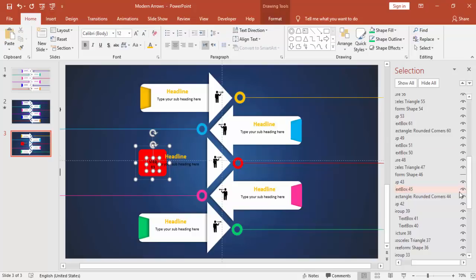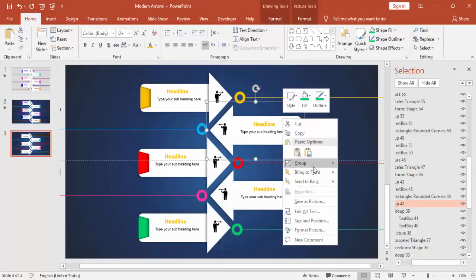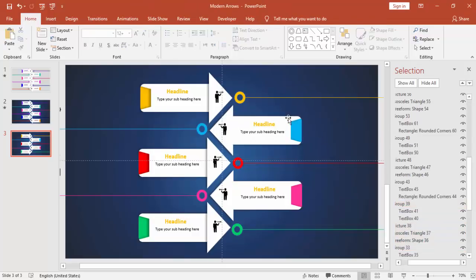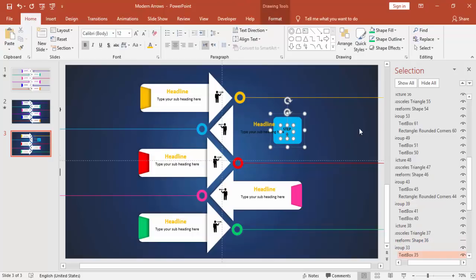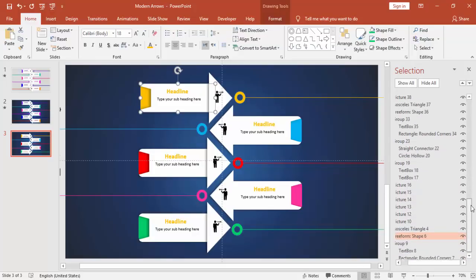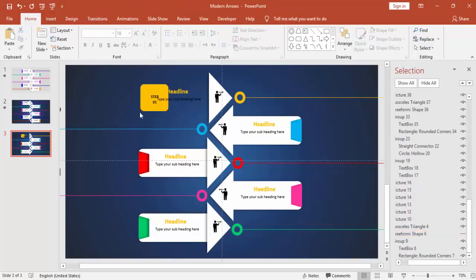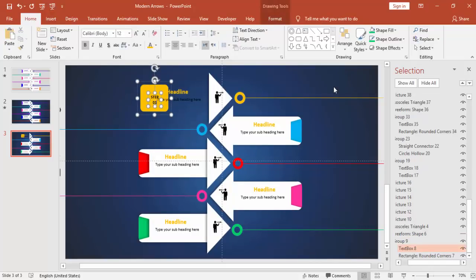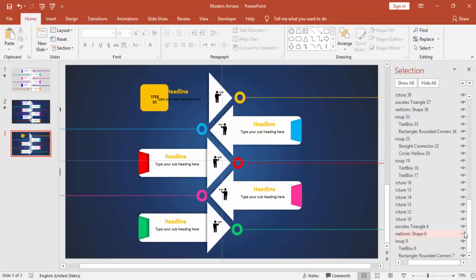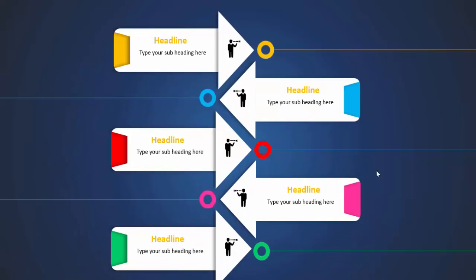This is the easiest way you can edit the text if the text is behind some object. Alright, so we have changed all the text here.